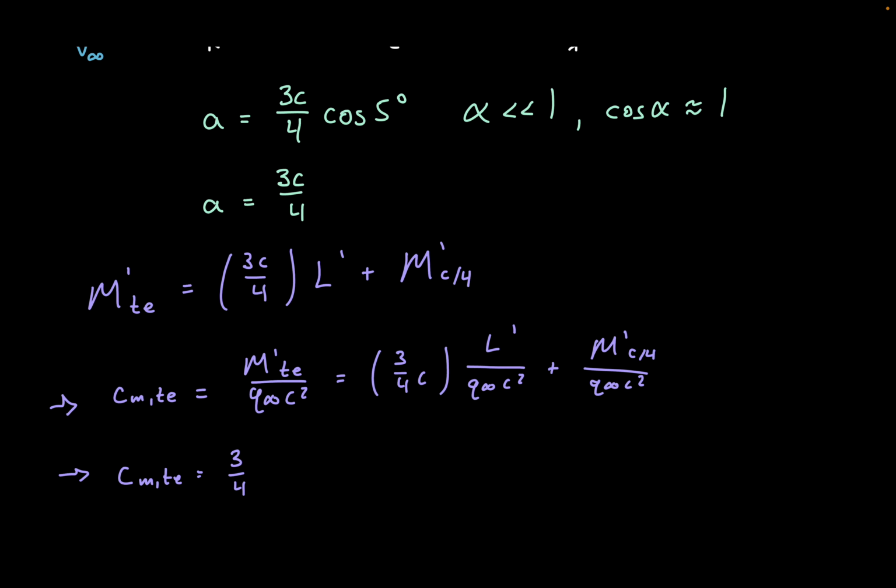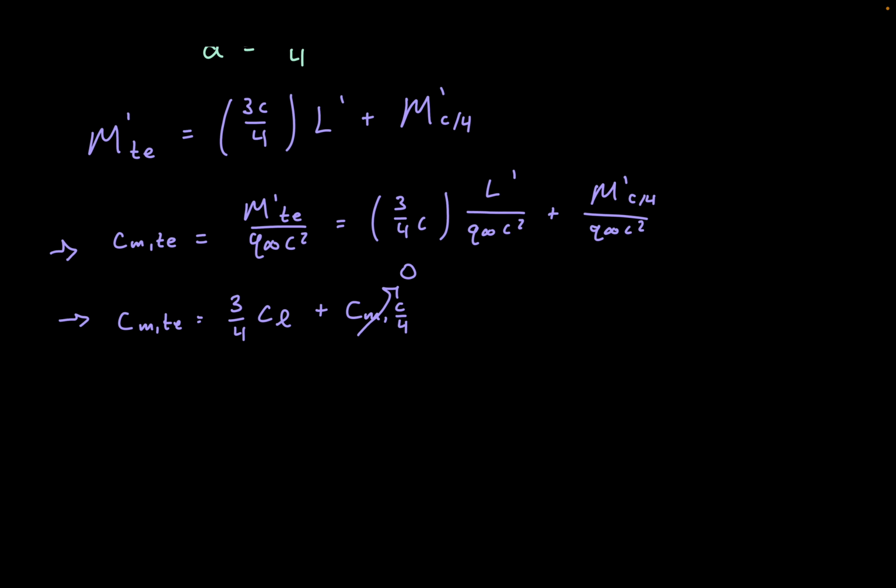So we're left with 3/4 C_L. And then we have plus C_m of c/4, which we said from before is just equal to 0. Now all we have to do is plug in C_L. So we have 3/4 times 0.5485, and we get a coefficient of moment about the trailing edge equal to 0.411.